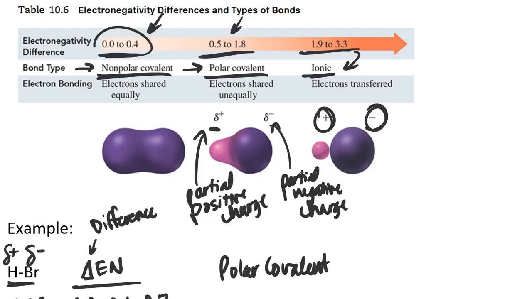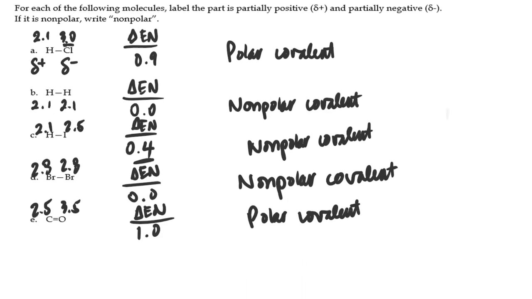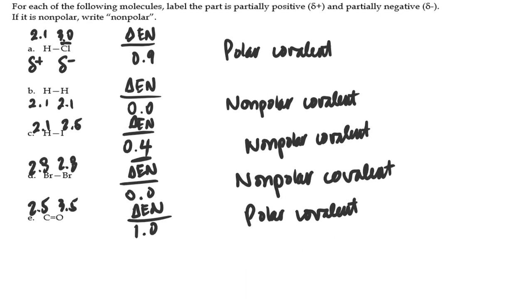And again, checking our table, that falls right in the range of a polar covalent bond. Since carbon has the smaller electronegativity, it would have a partial positive charge. Since oxygen has a greater electronegativity, it would have a partial negative charge.